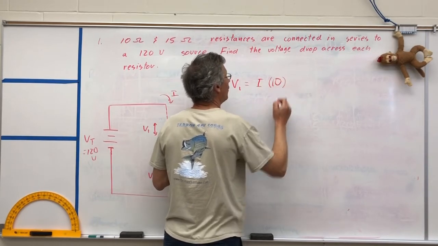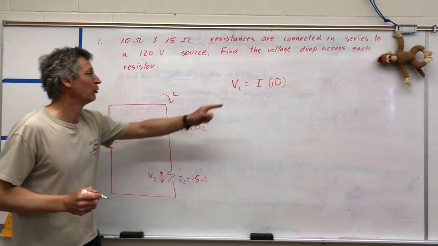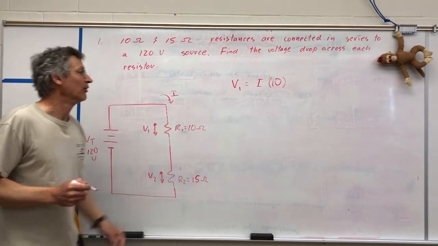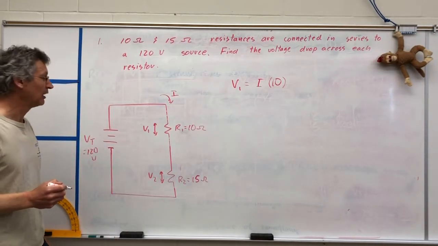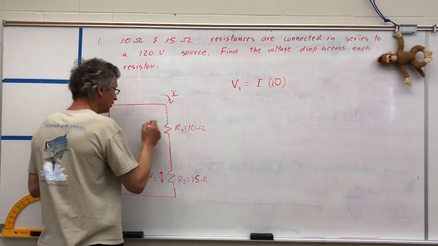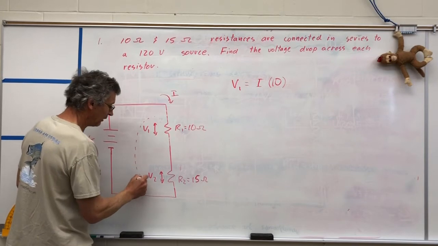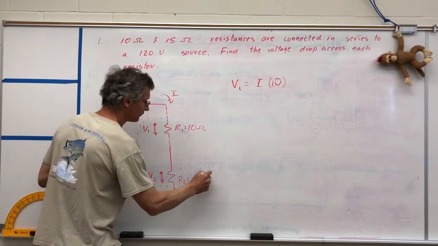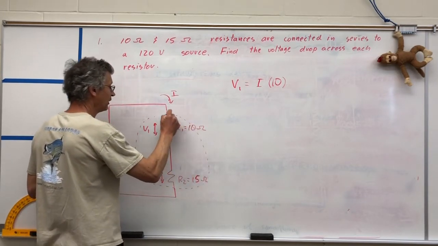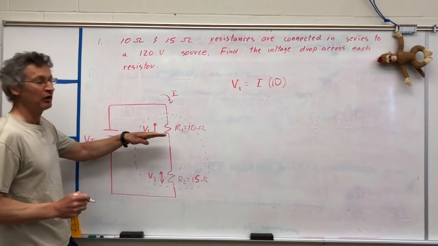Now, how can we figure out what I is? If we can figure out what I is, V1 is going to be a piece of cake. How about this? Suppose we lump these two resistances together and treat them as one big resistance. In other words, let's talk about the equivalent resistance.